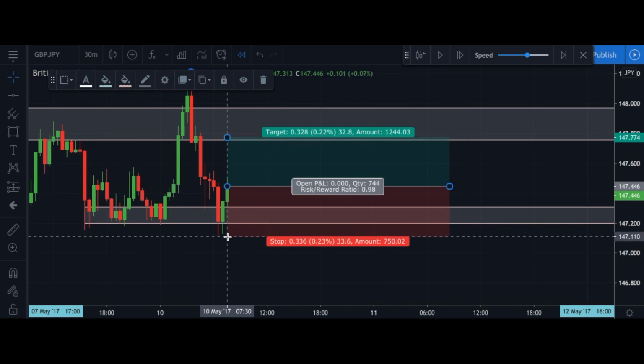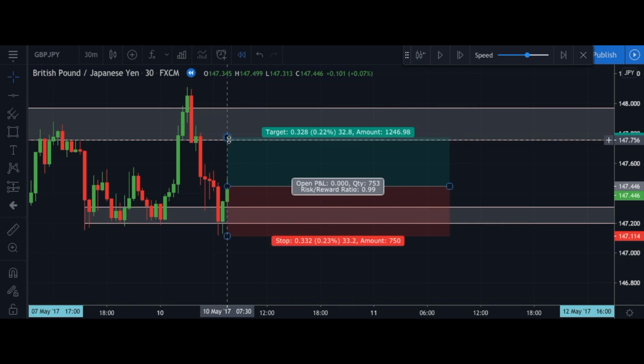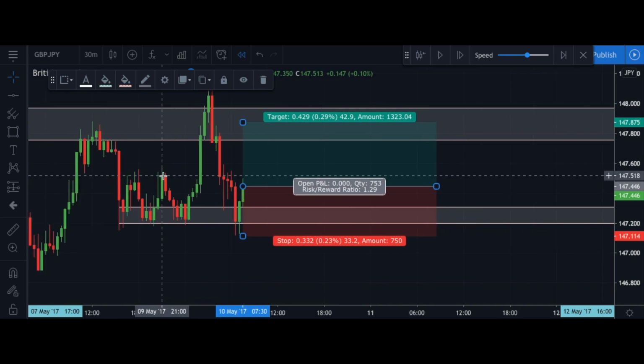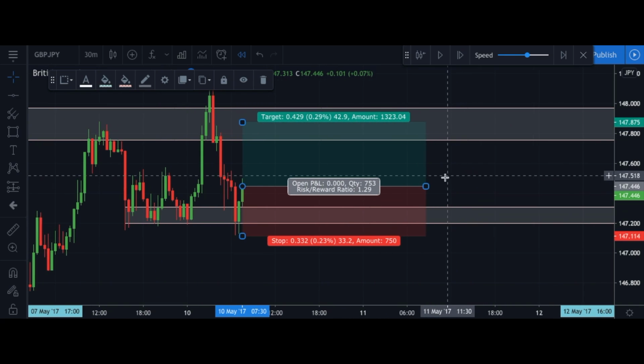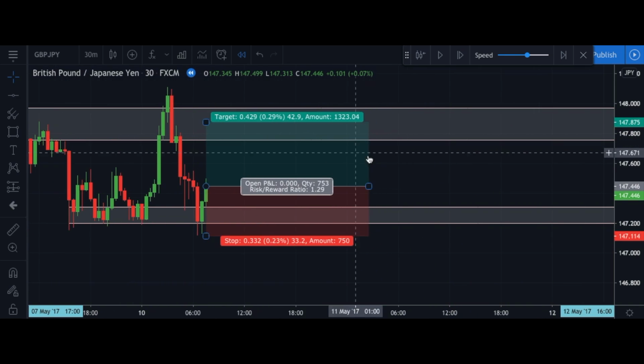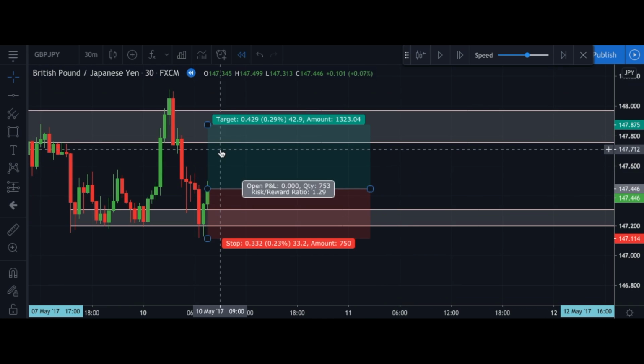Some people would put it under here, but in basically 1 hour it was unable to break below and close past this area. And then I'm just going to put my take profit up in this area. So the risk to reward is about 1-to-1, and let's see what happens.